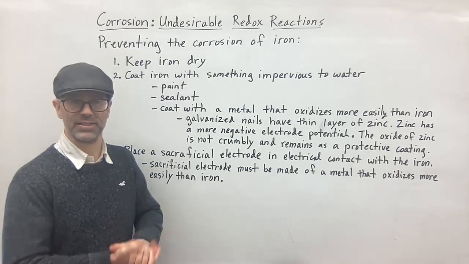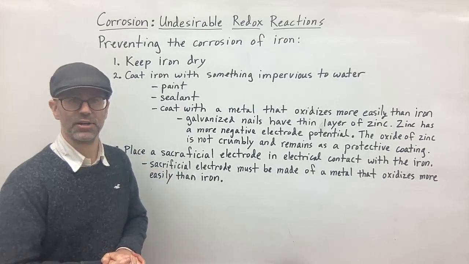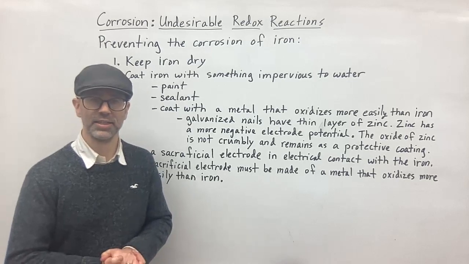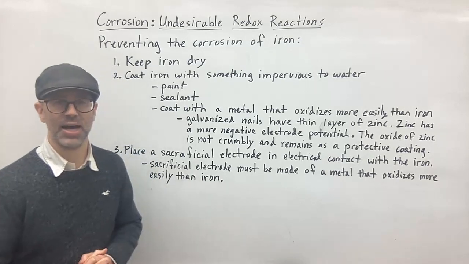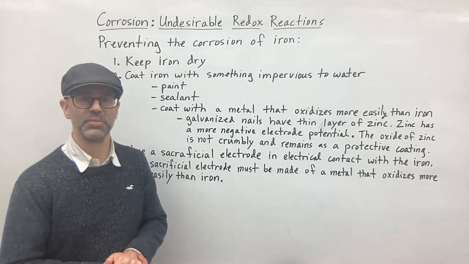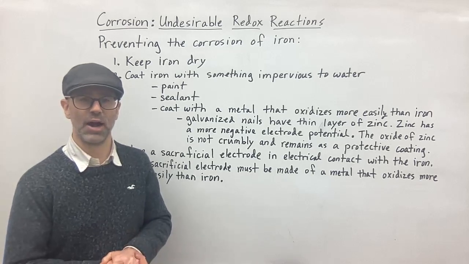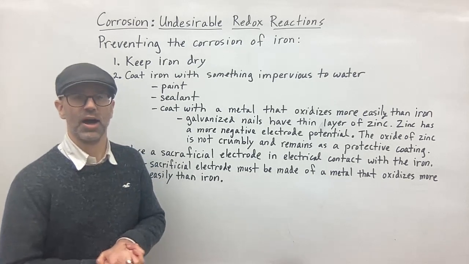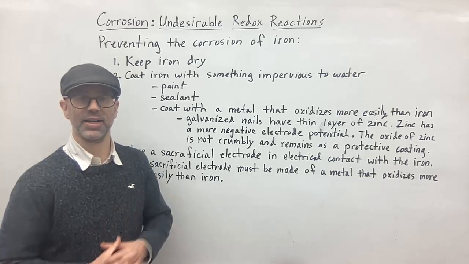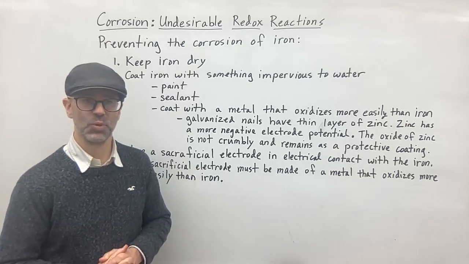And so that way it's protecting the iron from rusting. And so you'll see this a lot of times on iron pipes and things like that that are buried in the ground. You might see other metals in contact with them as well.